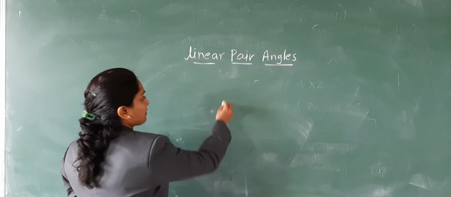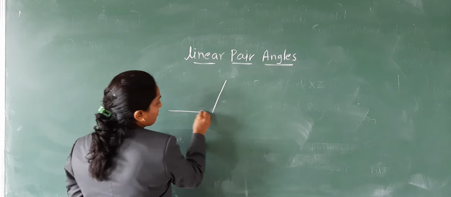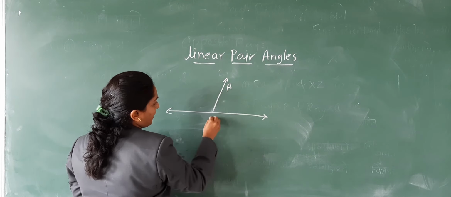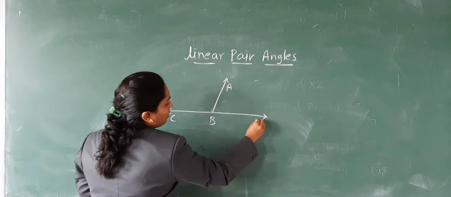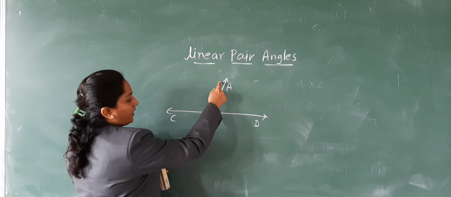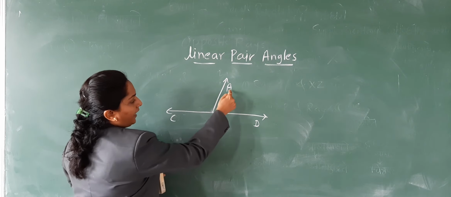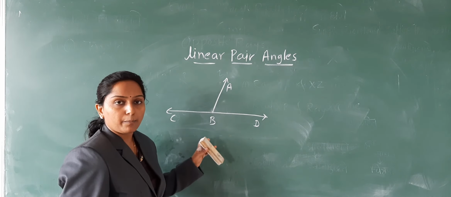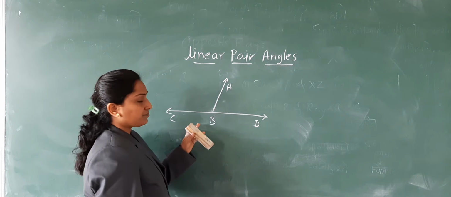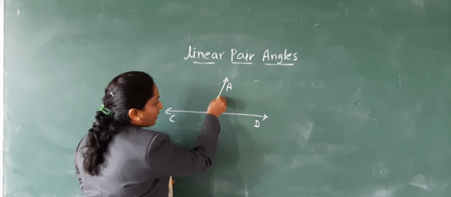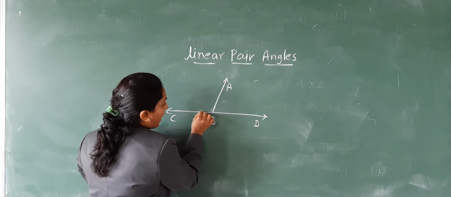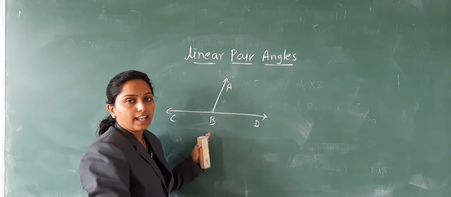I will explain the diagram. Suppose this is the diagram. Here angle ABC and angle ABD are angles in a linear pair because they have a common arm and the other arms make a straight line.